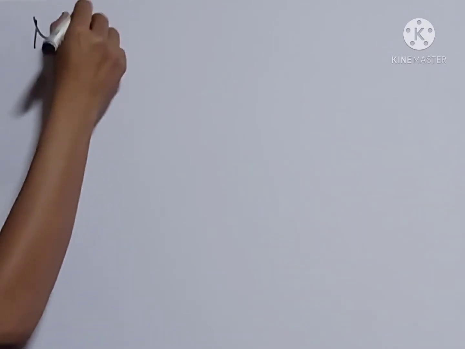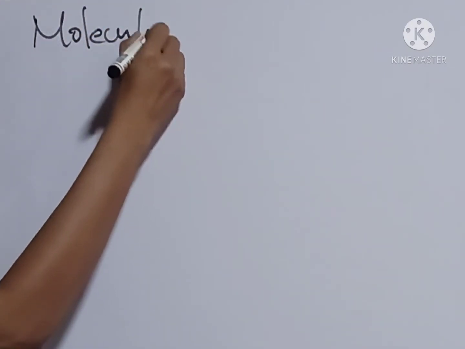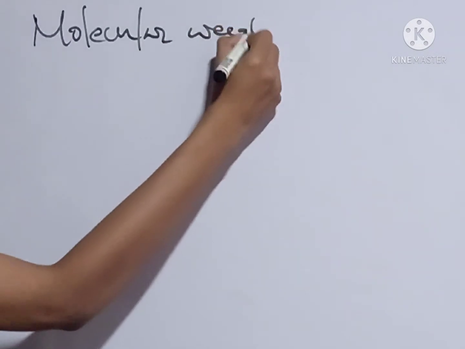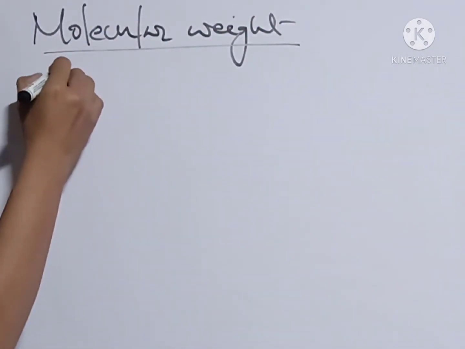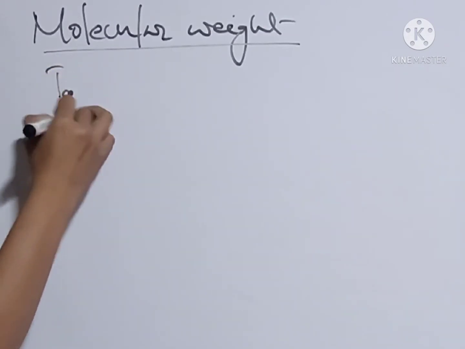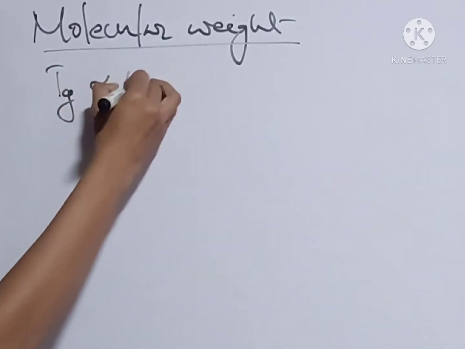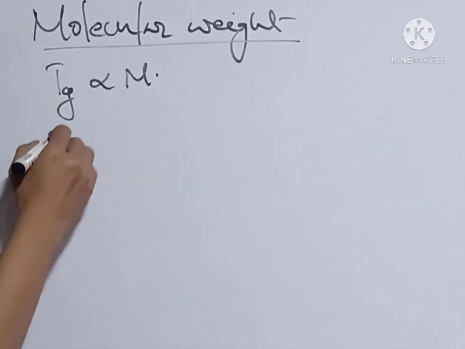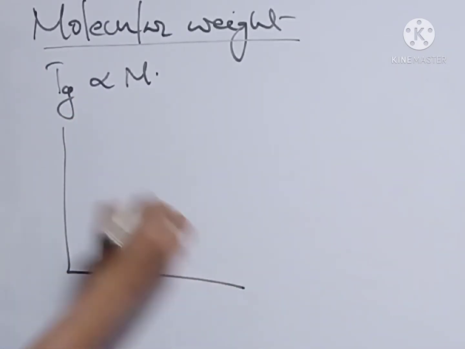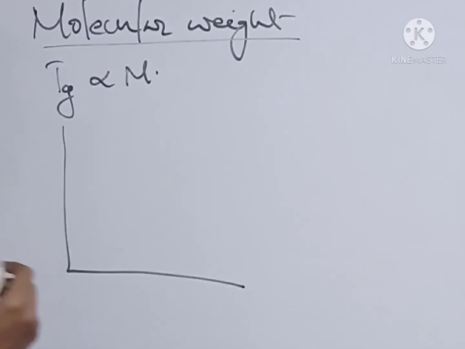Then the next factor is molecular weight. That is how the molecular weight of polymers relates with the glass transition temperature. Actually, glass transition temperature is directly proportional to molecular weight. When molecular mass increases, glass transition temperature also increases.